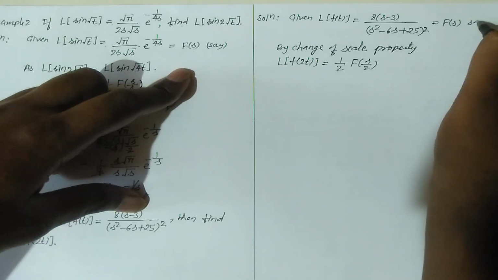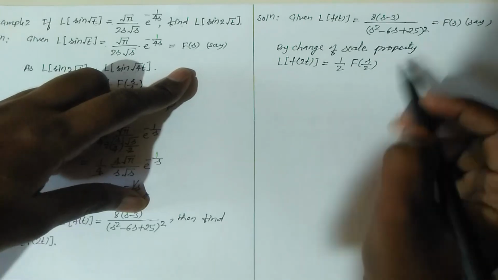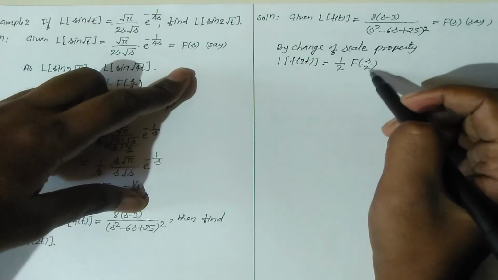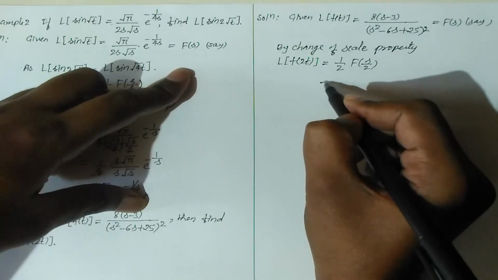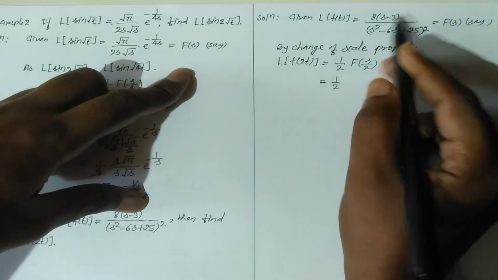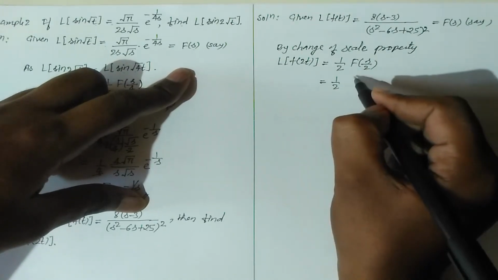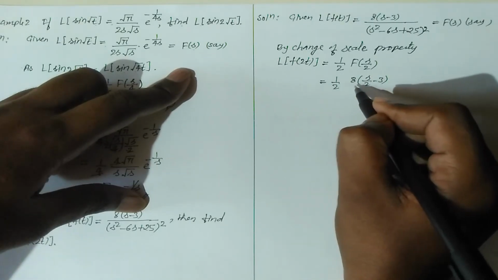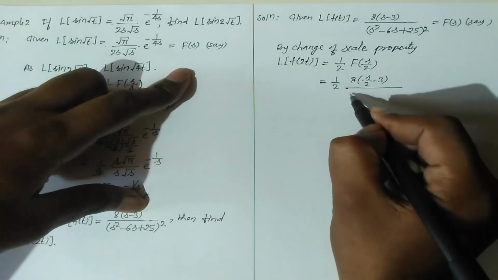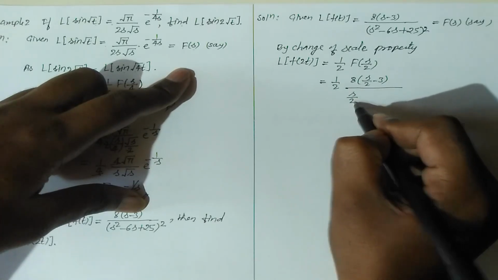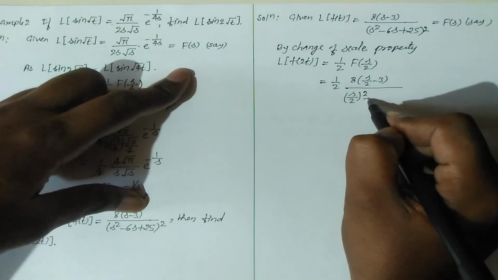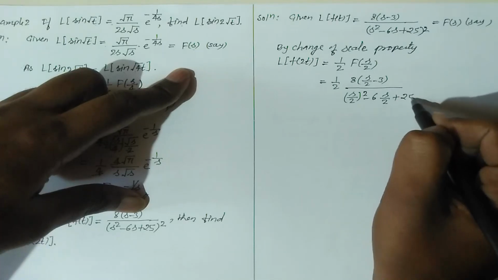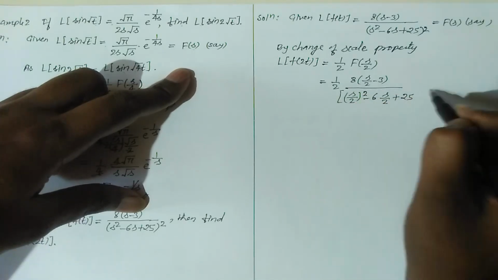Now we replace s by s by 2. So this equals 1 by 2. Instead of s we put s by 2: 8 into s by 2 minus 3 divided by s by 2 the whole square minus 6 into s by 2 plus 25 the whole square.